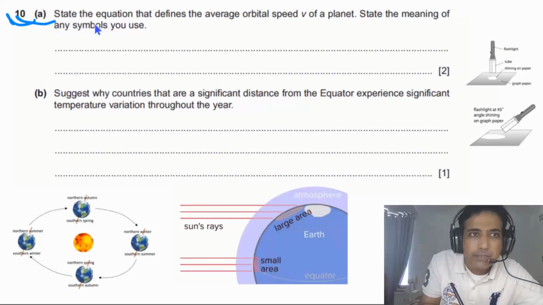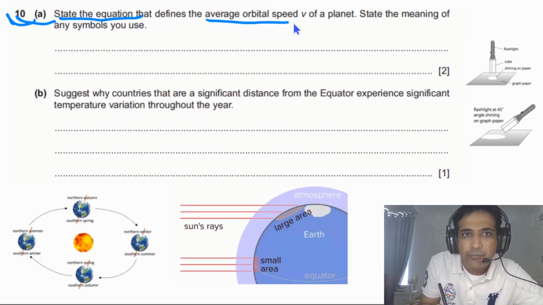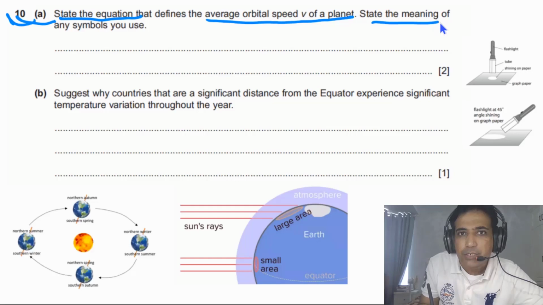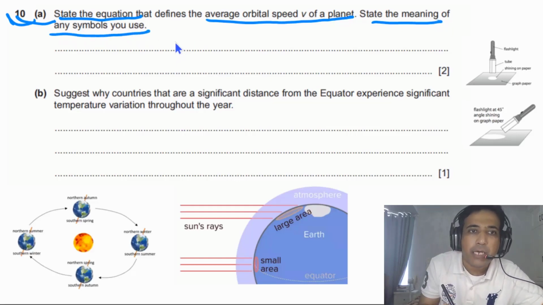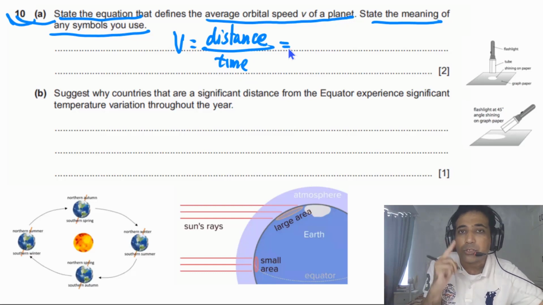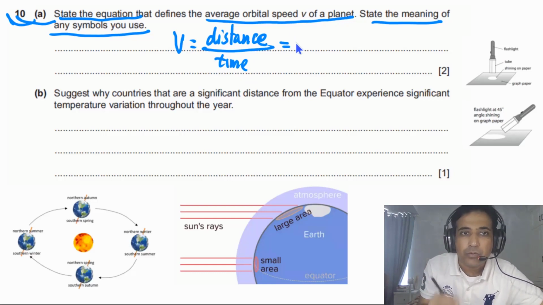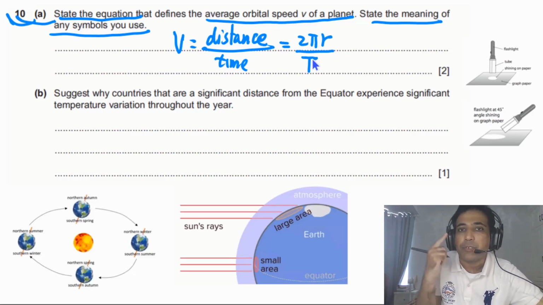Question 10 part A says state the equation that defines the average orbital speed of a planet. State the meaning of any symbols you use. Orbital speed is simply equal to the distance traveled by the planet in one rotation divided by the time taken. The distance traveled in one cycle is equal to the circumference of the circle, divided by the time period, the time taken to complete one cycle.